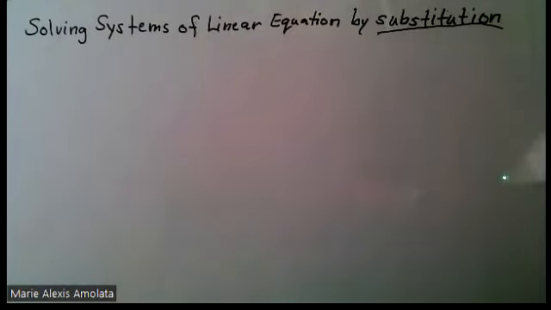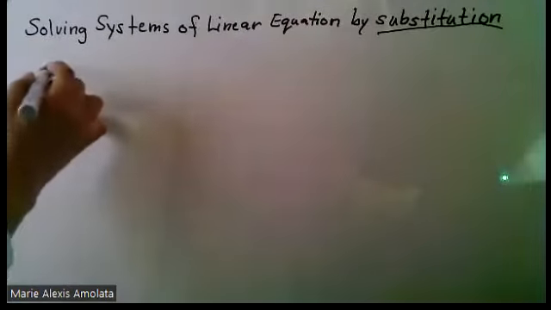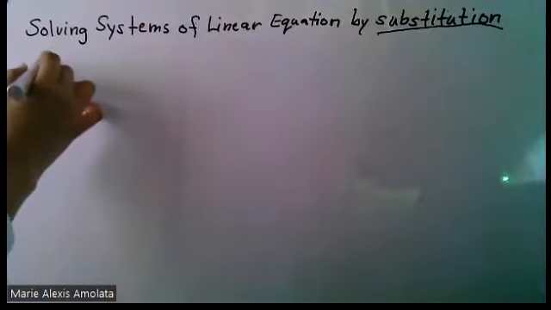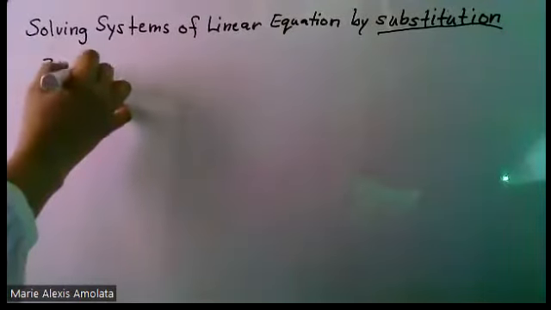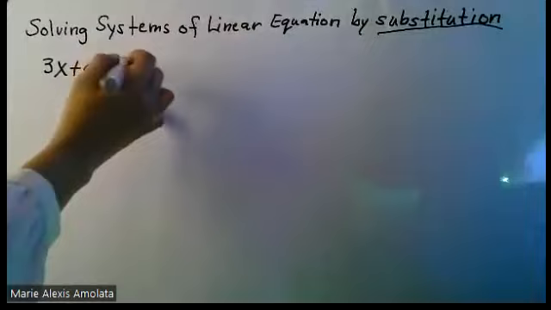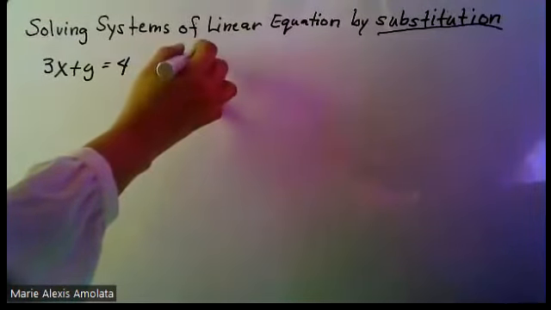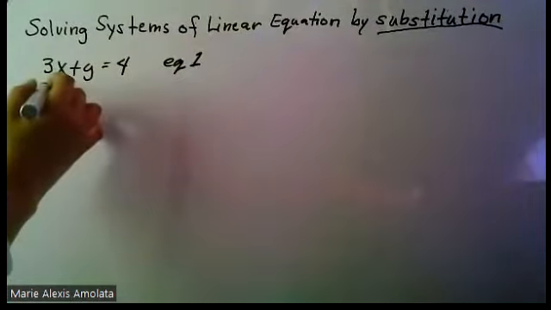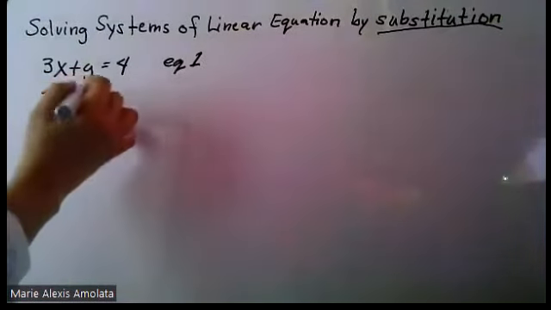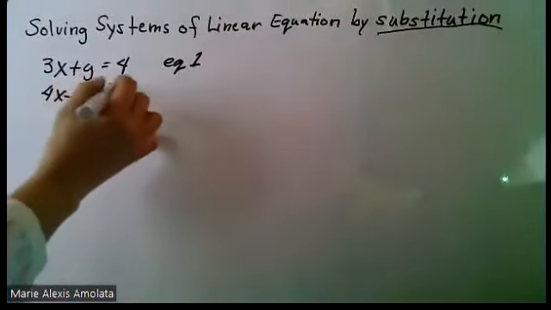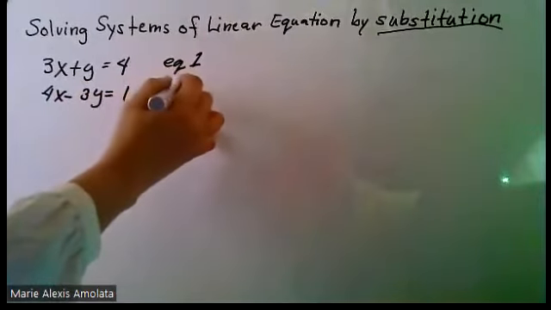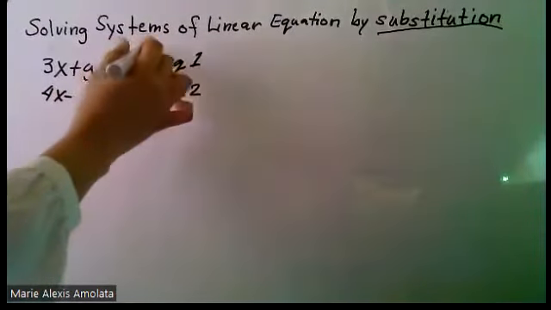So let's have 3x plus y is equal to 4 as our first equation, and 4x minus 3y is equal to 1 is our equation 2.